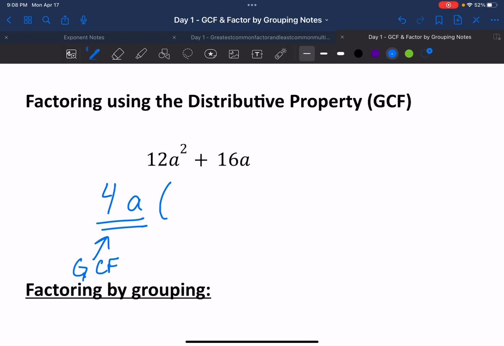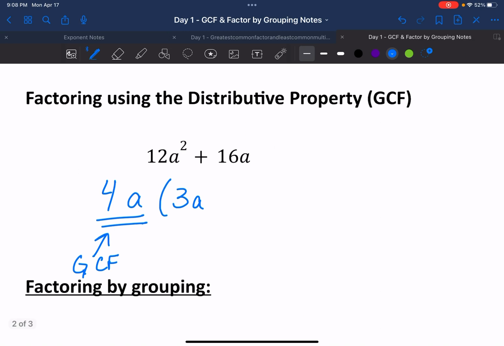So as I'm looking at this, 4 times what is equal to 12? Well, 3 is left over. And I only took one of these A's out from this first term, so I'm left over with an A. Okay? You're going to keep that plus sign.